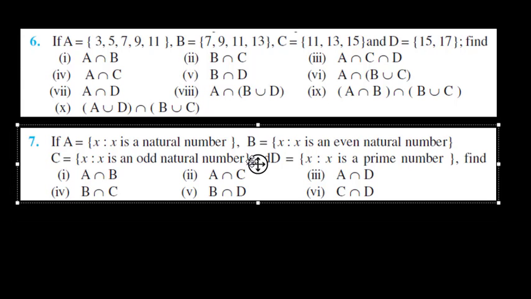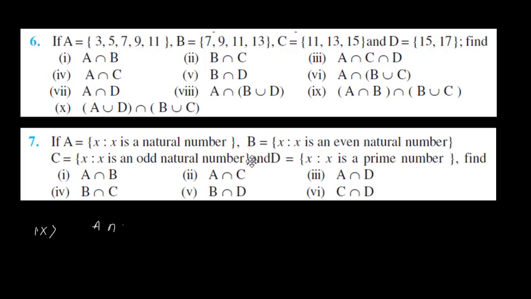Now let us see this question number 9 and question number 10. Question number 9, we have to find A intersection B union C. So first I will find what is A intersection B. So A intersection B, if you see, 7 is common, 9 is common, 11 is common.